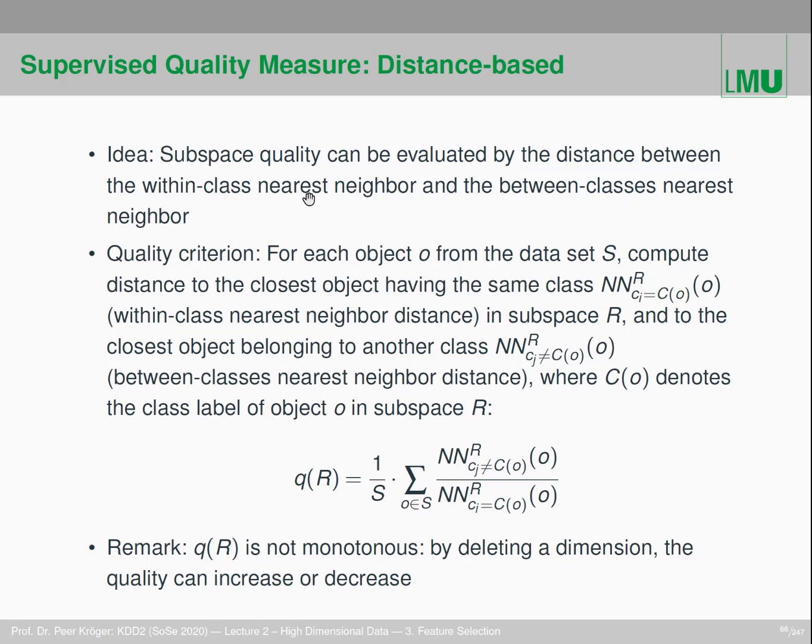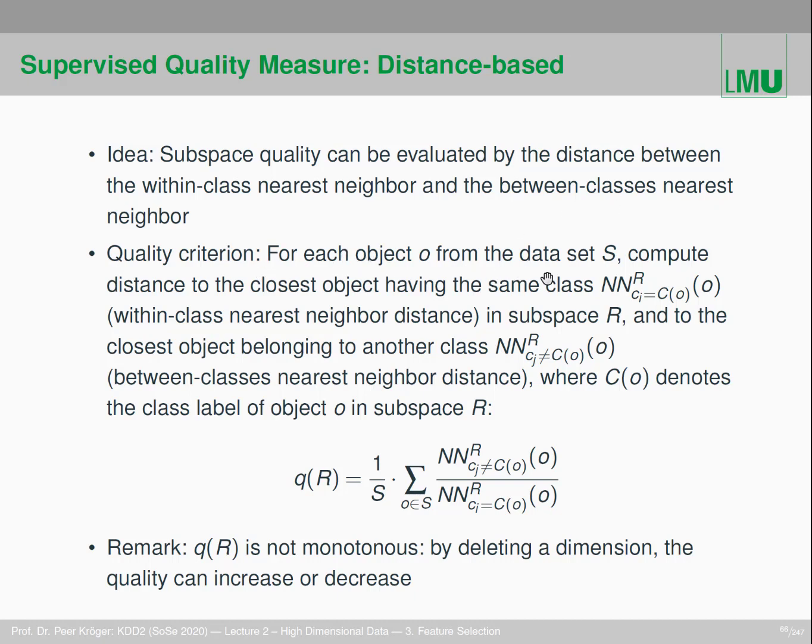The within class nearest neighbor of a given object is the nearest neighbor considering only the class members of the same class. And the between class nearest neighbor of an object is the nearest neighbor among all objects that are not in the same class as the object.